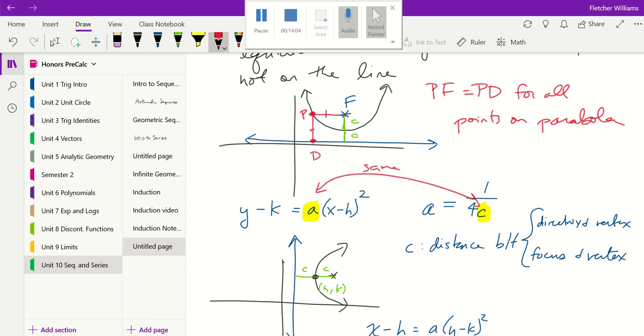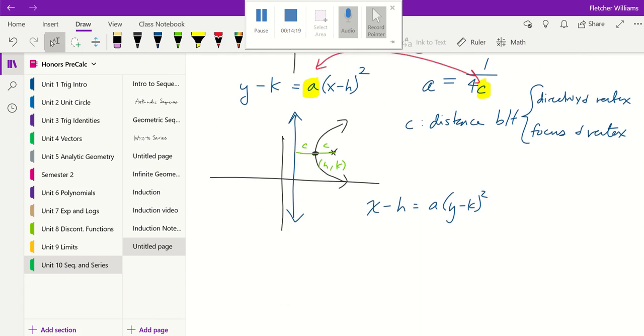Keep that in your mind if you're ever using C for calculations. It needs to have the same sign as the A value. And likewise for the horizontally oriented parabola, A is positive if it opens right, negative if it opens left. Parabolas. Questions on that?